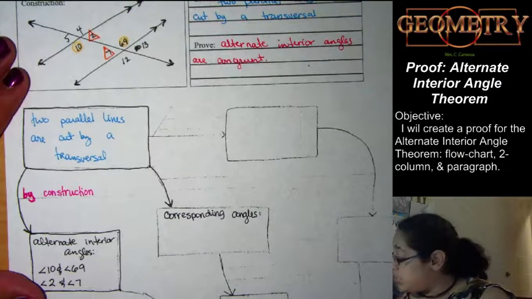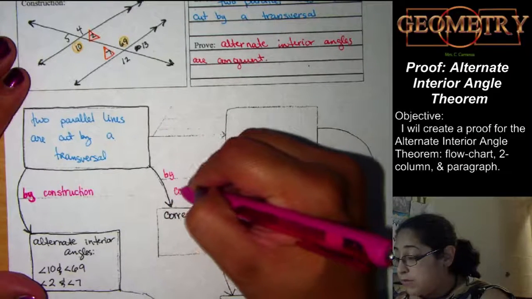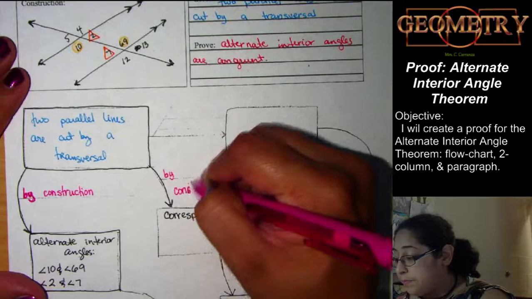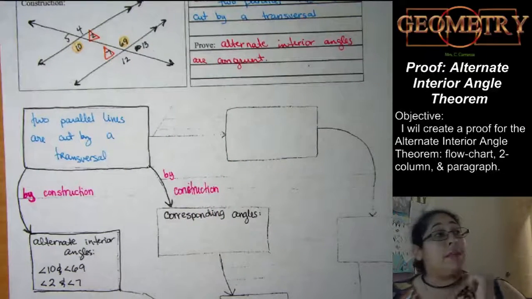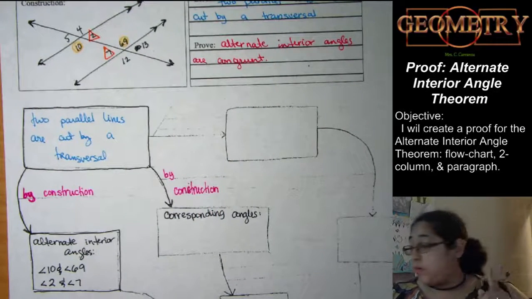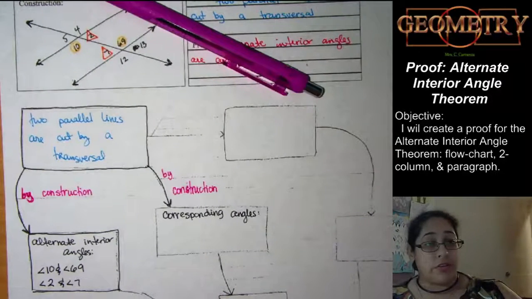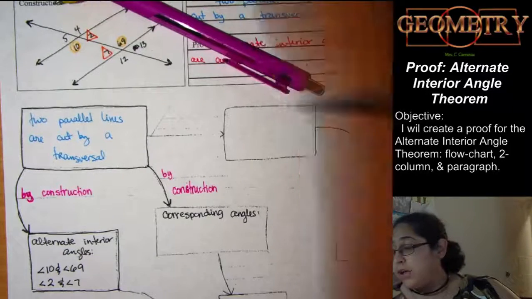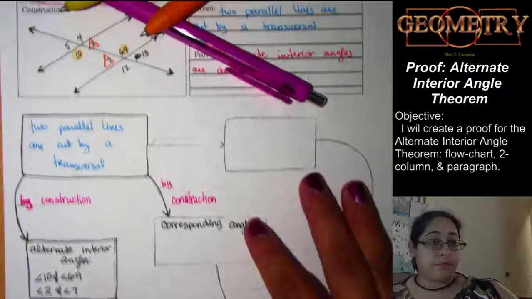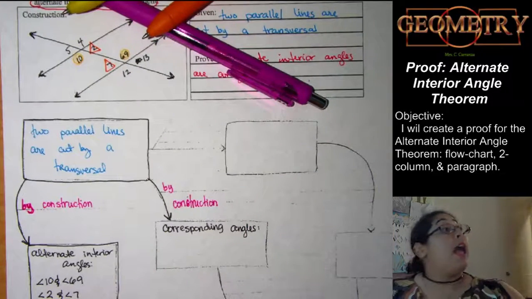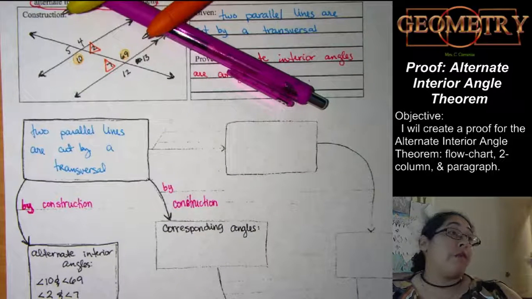According to our construction, which angles are the corresponding angles? Let's think back. For them to be corresponding, they have to be on the same side of the transversal as each other, and one outside and one inside. 5 and 10. And again, let's add in that the only line they can have in common is the transversal.